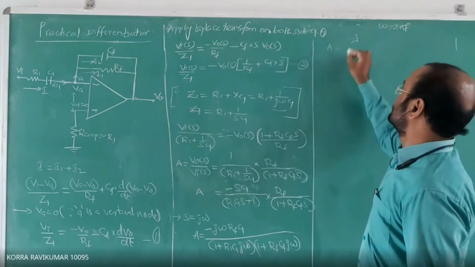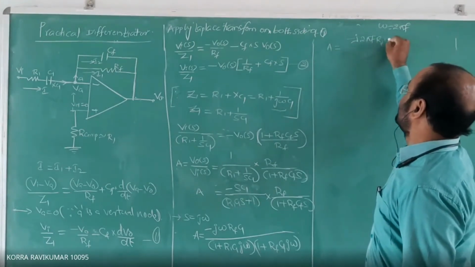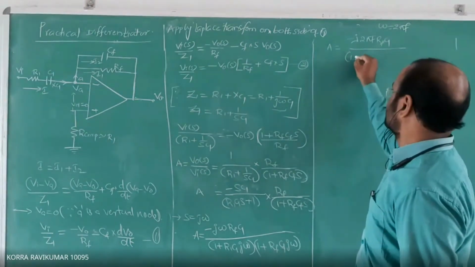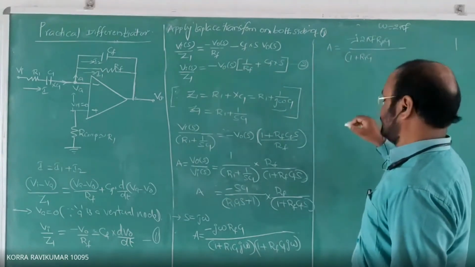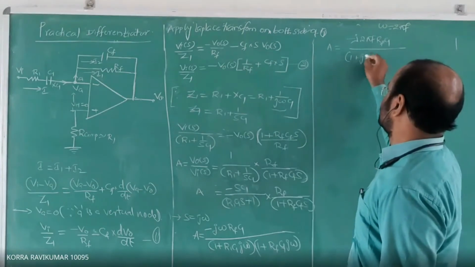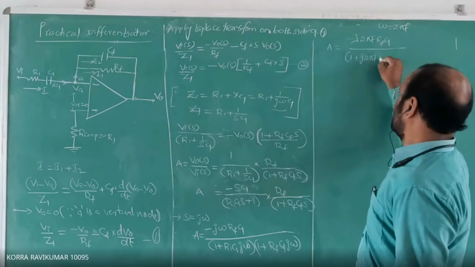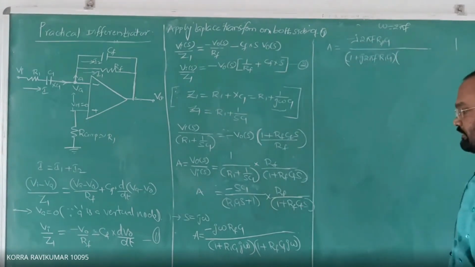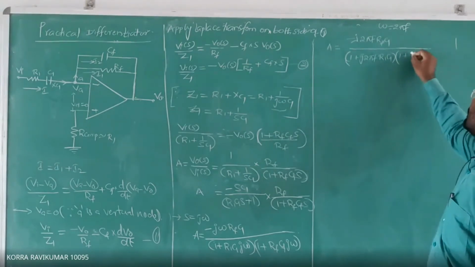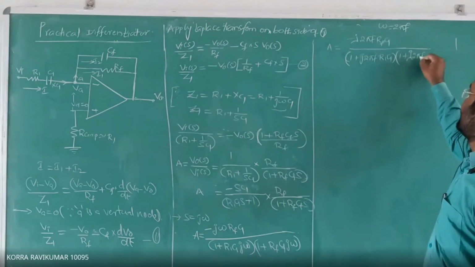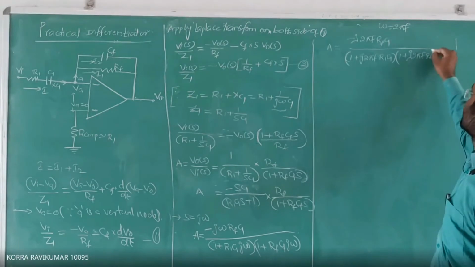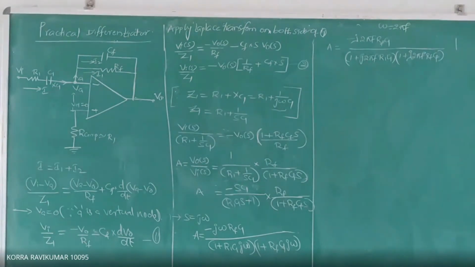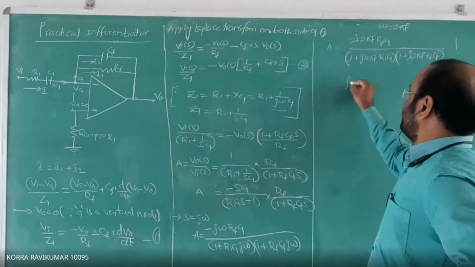Then it becomes minus J into 2 pi f RF into C1 divided by 1 plus J into 2 pi f into R1 C1, of the remaining part of the equation 1 plus J omega, meaning 2 pi f, into RF CF.